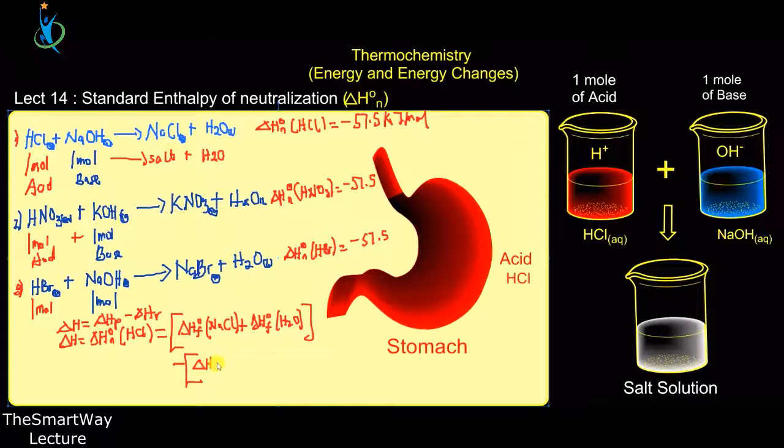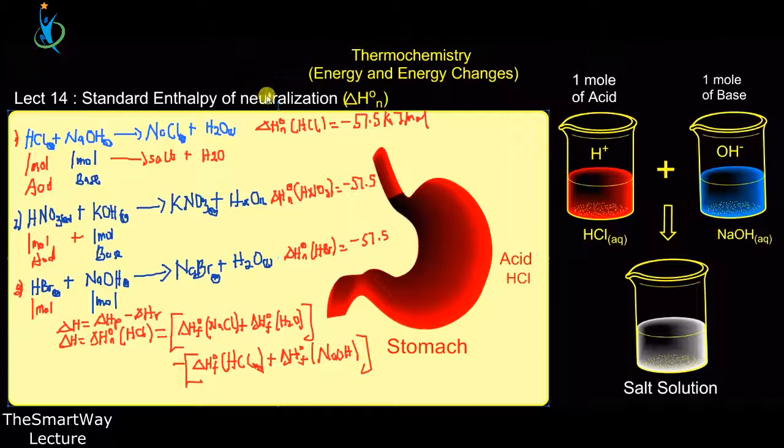We are going to get the standard enthalpy of formation of the first reactant, and then plus the standard enthalpy of formation of the acid, that is 1 mole. So that is the energy required.